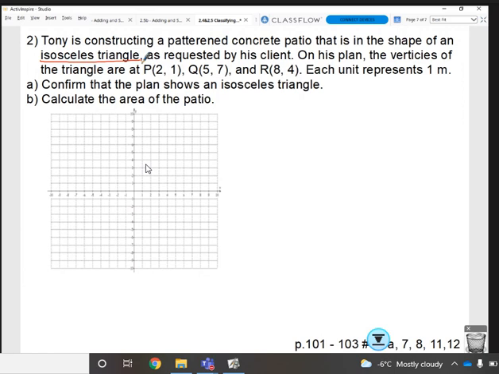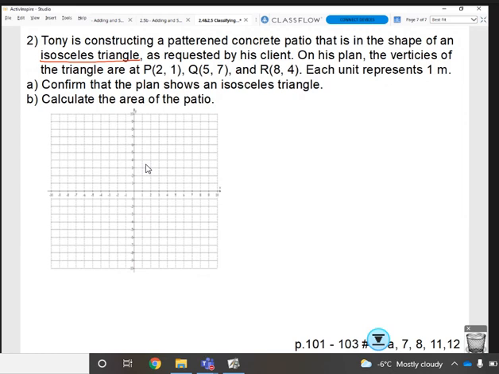As requested by his client, on his plan, the vertices of the triangle are at (2, 1), (5, 7), and (8, 4). Each unit represents 1 meter. Confirm that the plan shows an isosceles triangle, and then calculate the area of the patio. And that right there will be interesting.